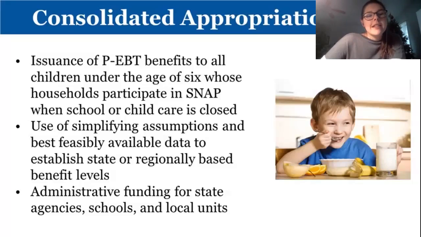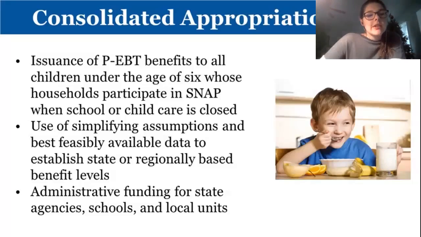The Act provides additional clarity and flexibilities to make it easier for families to receive and states to distribute P-EBT benefits. This Act allows states to provide P-EBT benefits to all children under the age of 6 whose households participate in SNAP when school or childcare is closed due to COVID-19.